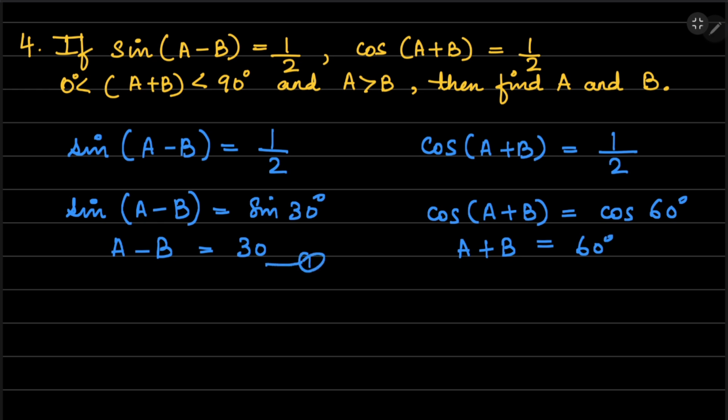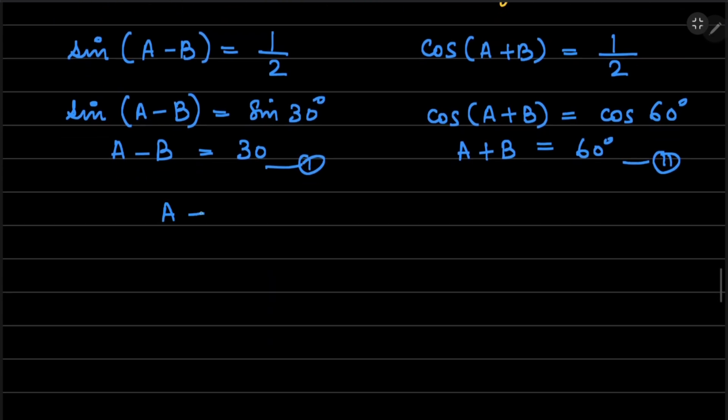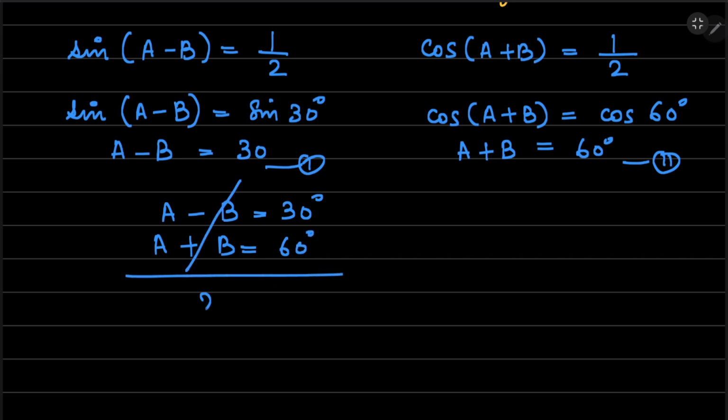Okay, so this is your linear equation 1 to solve for a and b. So let's do it. A minus b is equal to 30. A plus b is equal to 60. Minus b plus b gets cancelled. Just add them up. So 2a is equal to 90, wherein a is equal to 90 by 2, which is 45 degree.